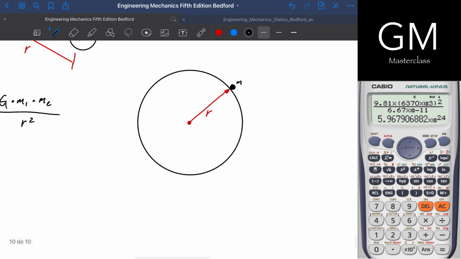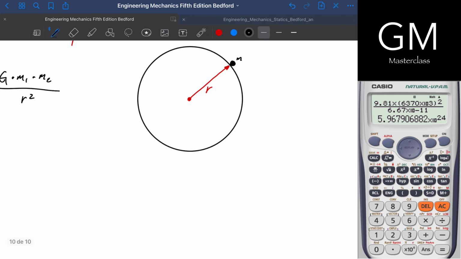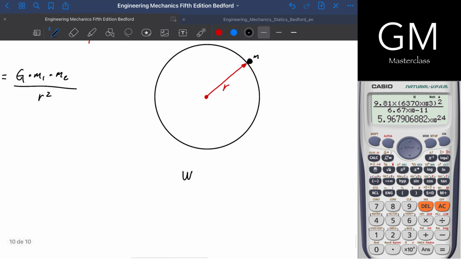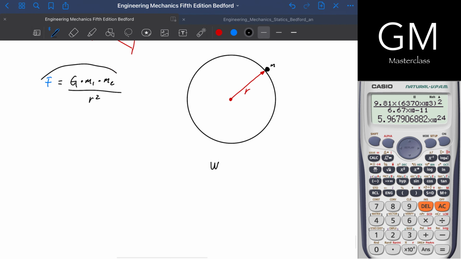And at sea level, because this value of gravity changes with the height of the particle, the weight is given by this equation.